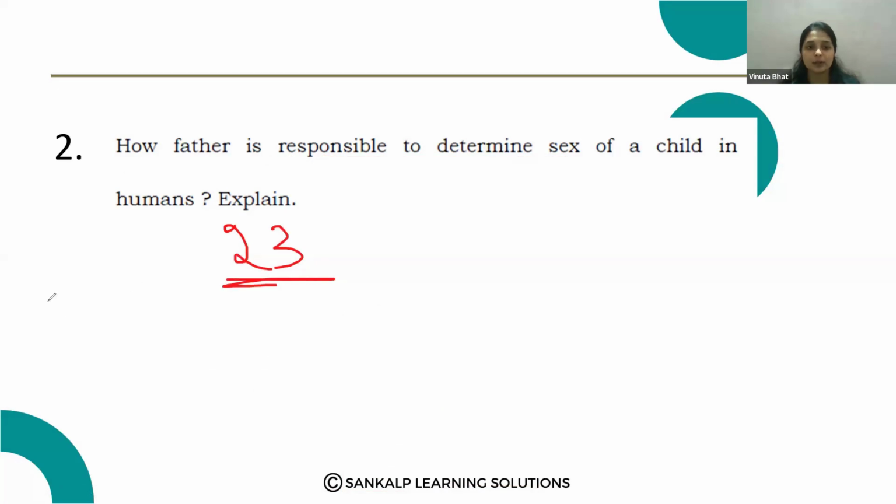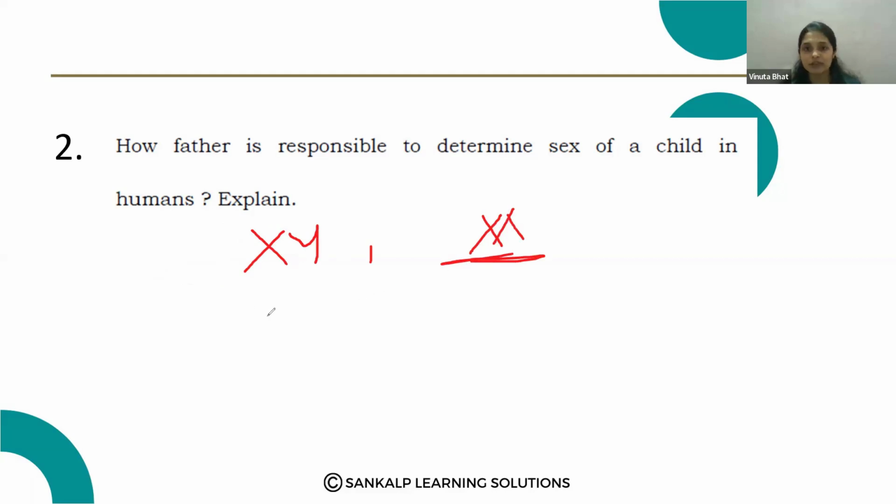Out of 23, 22 pairs are similar in male and female, but one pair is different. In male, XY chromosomes are present. In female, XX chromosomes are present.